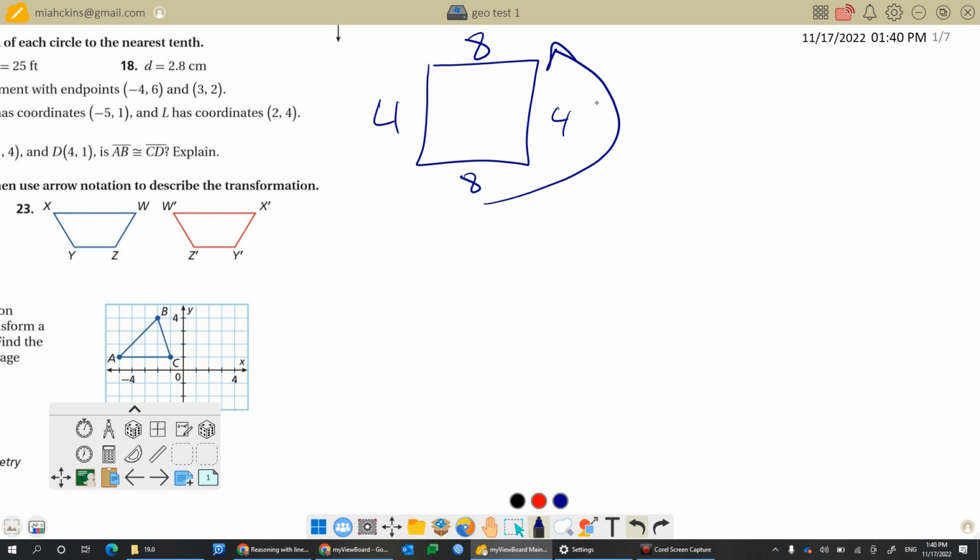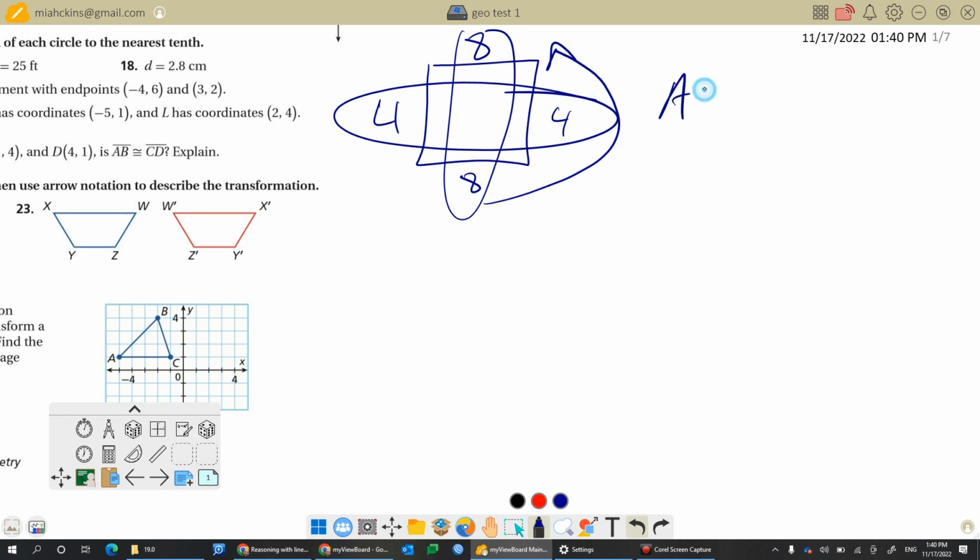And so we happen to have 2 4s and 2 8s, which makes sense because the equation for perimeter of a rectangle is 2L plus 2W, which is equal to 2 times 8 plus 2 times 4.